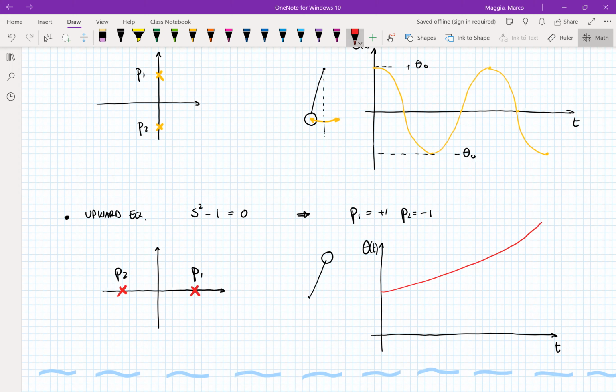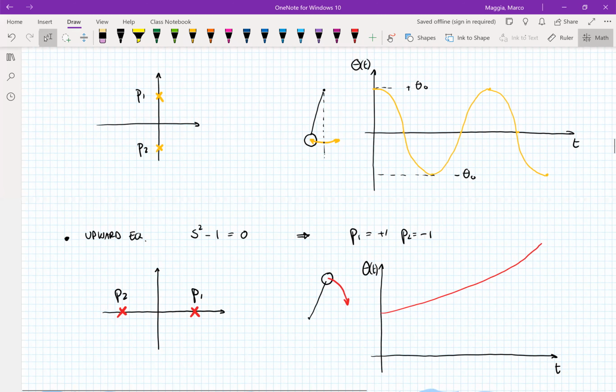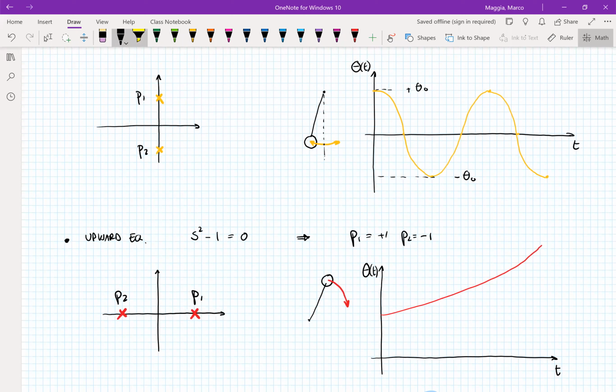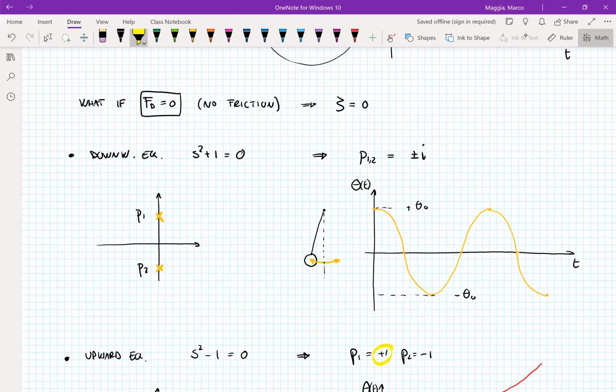So if let go, the pendulum will just go indefinitely away from the vertical upward position. So once again, here we're dealing with a non-stable system. And if we look at the poles, once again, we have that one pole has a real part that is positive. I haven't really said anything about the undamped case for the downward equilibrium, but the real part is 0 in this case.